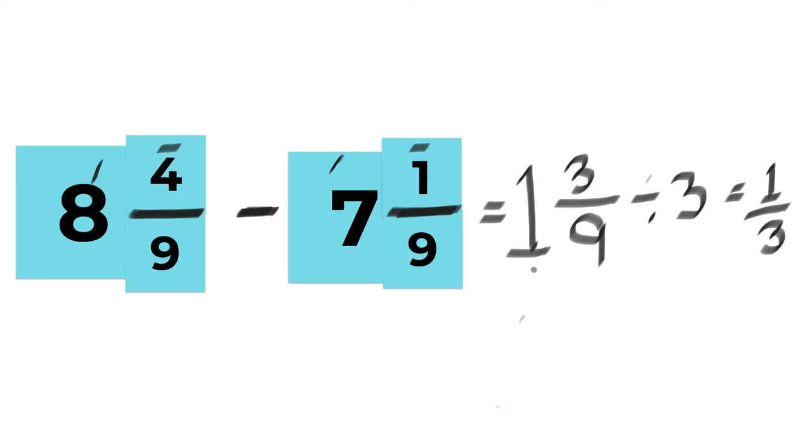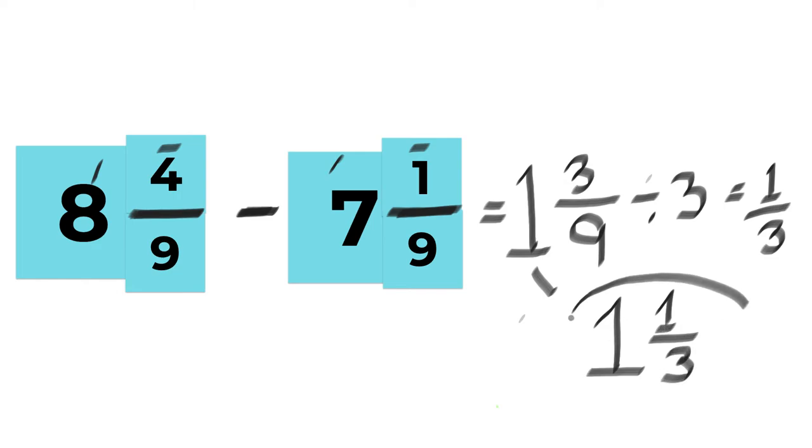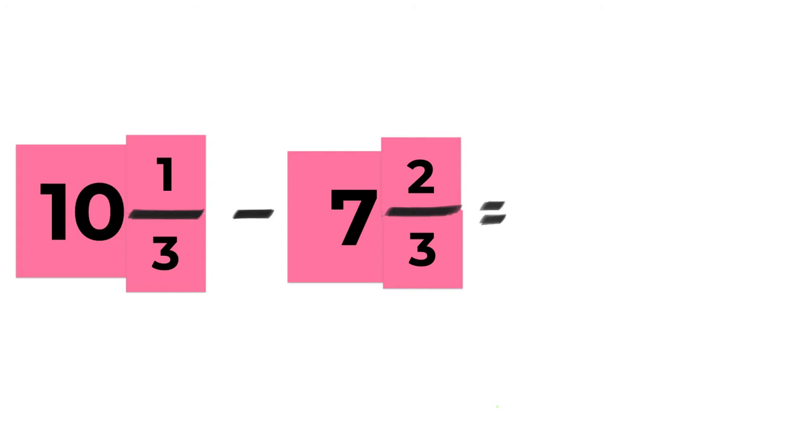So we'll copy the whole number, which is 1, and the simplified proper fraction, which is 1/3. So therefore, the answer here is 1 and 1/3. Okay, 8 and 4/9 minus 7 and 1/9 is equal to 1 and 1/3. That's good. Now let's have the last example.